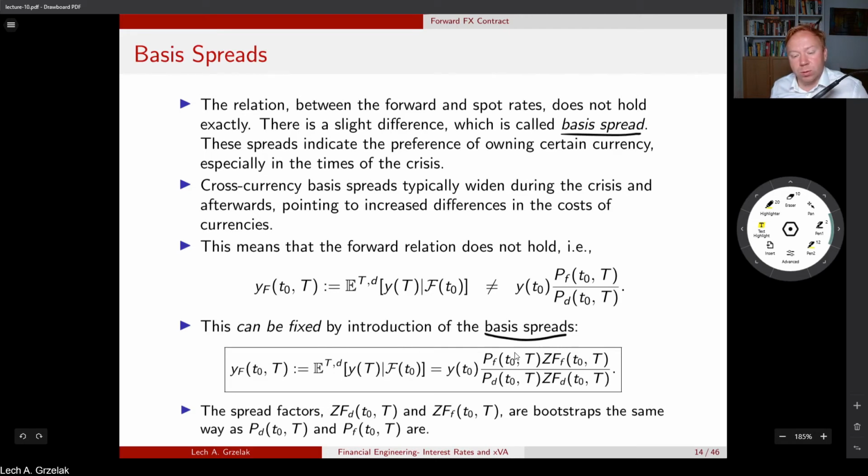So we have those zero coupon bonds, which will be taken purely from the markets, and then we have to adjust them with the Z spread or basis spreads for those two currencies, just like a zero coupon bond. This is the same approach you could use to adjust those zero coupon bonds.